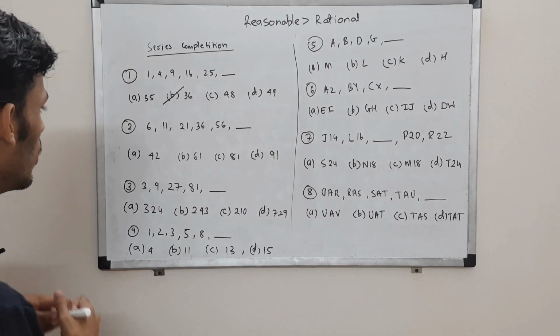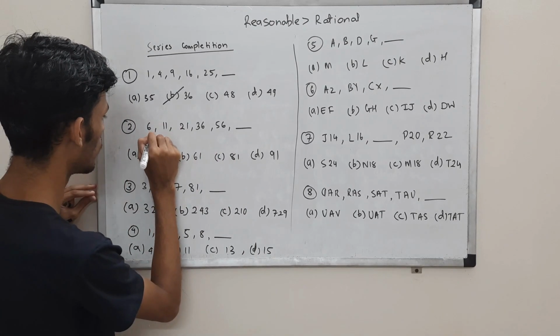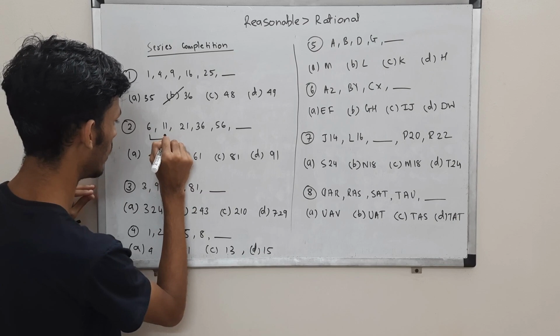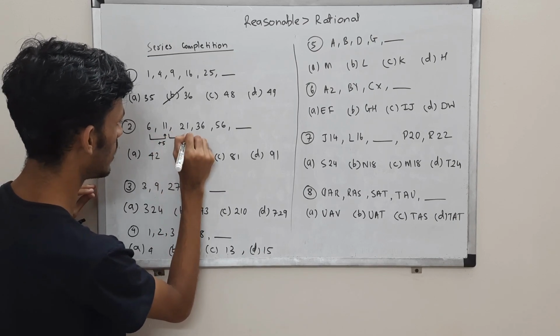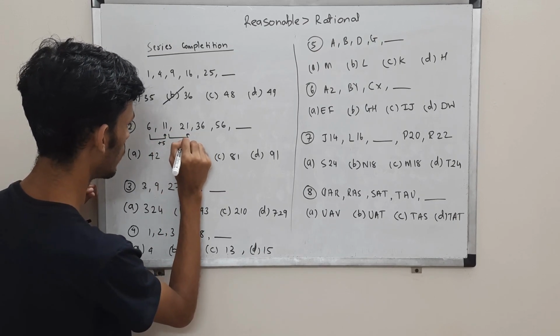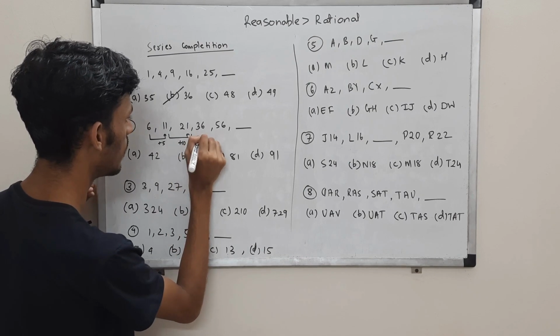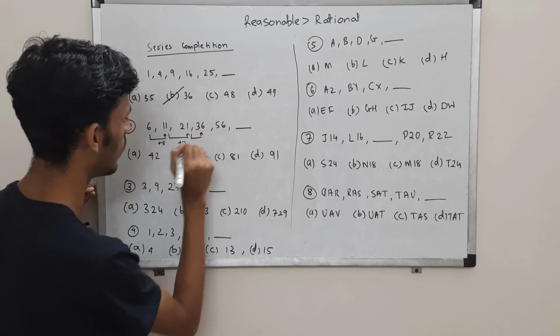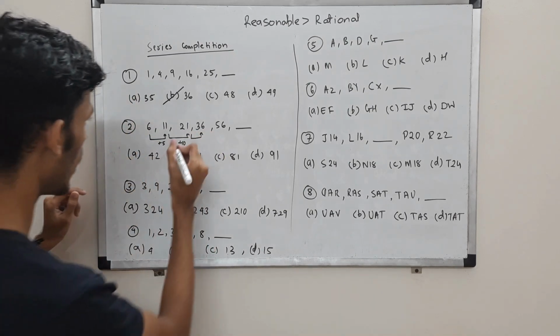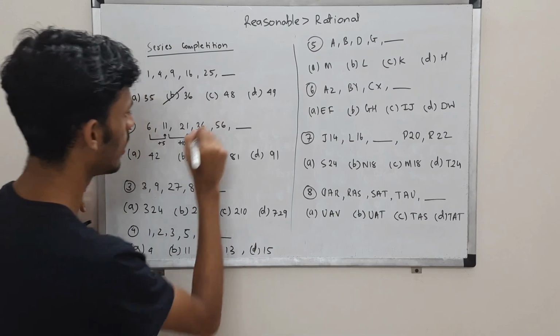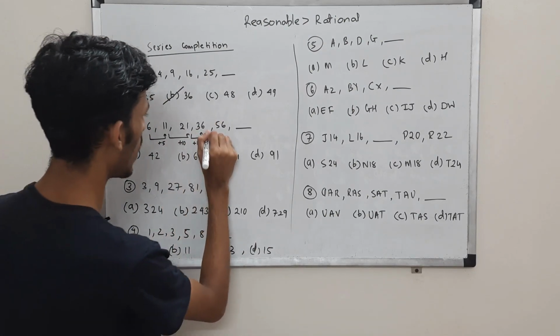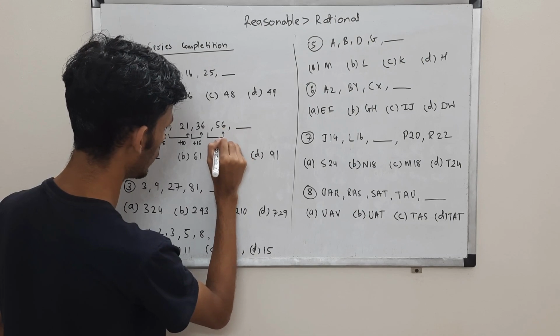If you see the difference between the two, 6 plus 5 is 11, right? 11 plus 10 is 21. So every time you are supposed to add the next multiple of 5. If you add 15 to 21, you will get 36. 36 plus 20, you will get 56.